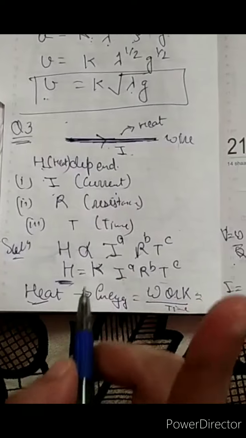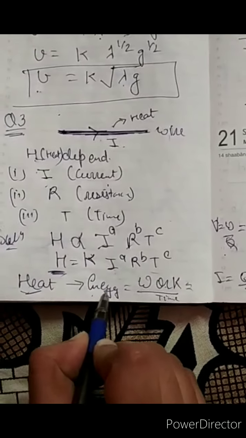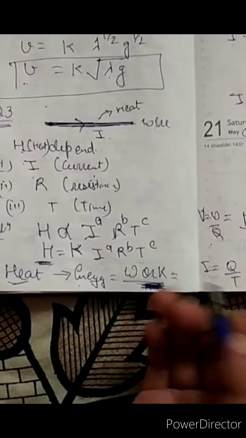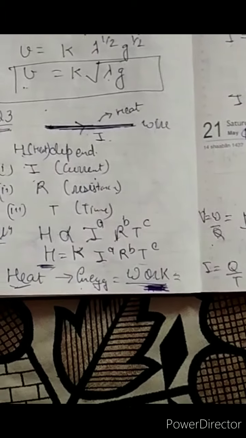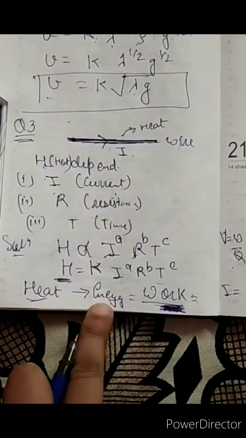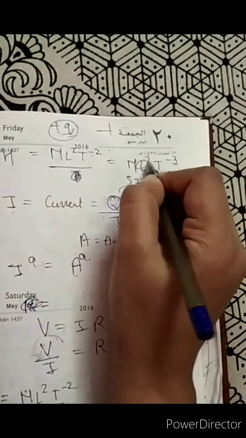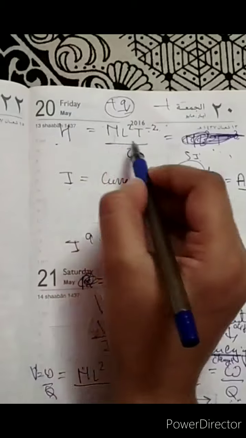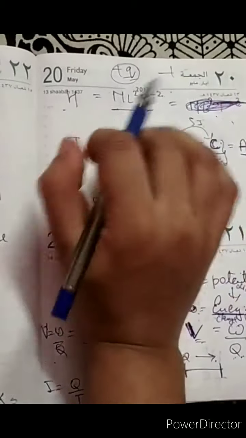Sorry students, I made one mistake. Heat is energy, energy is work. I'm so sorry for this. Heat is equal to energy, and energy is nothing but work, and work can be written as ML²T⁻², not this form. Heat is energy, and the dimensional formula of energy is work done, ML²T⁻².